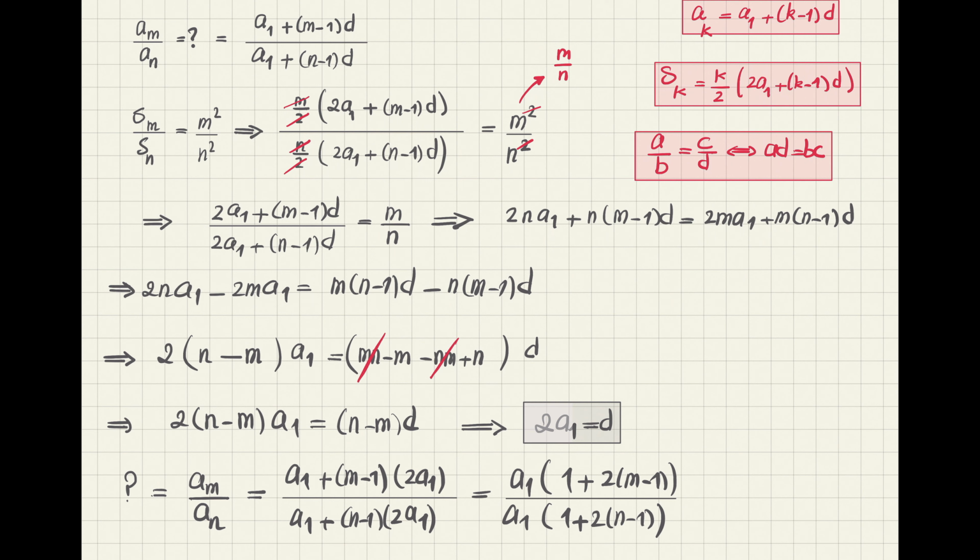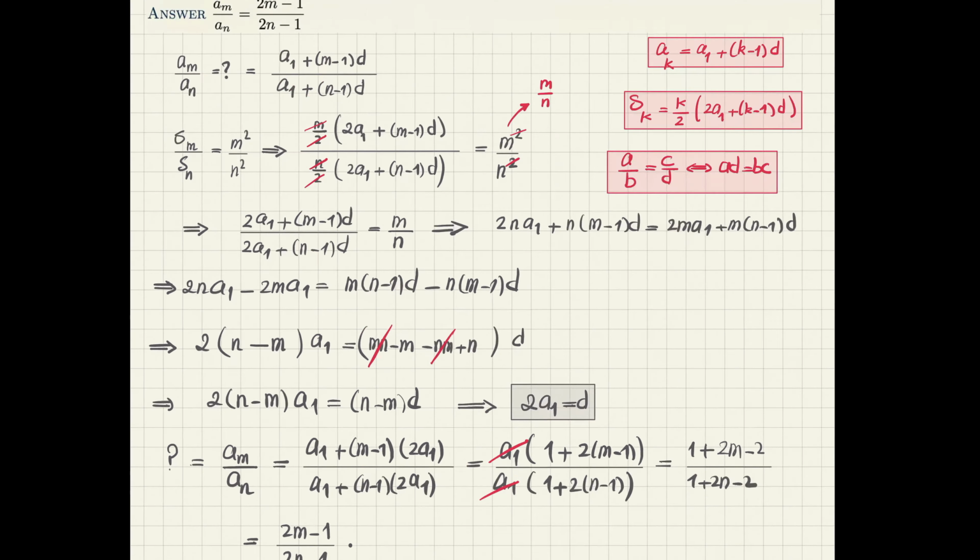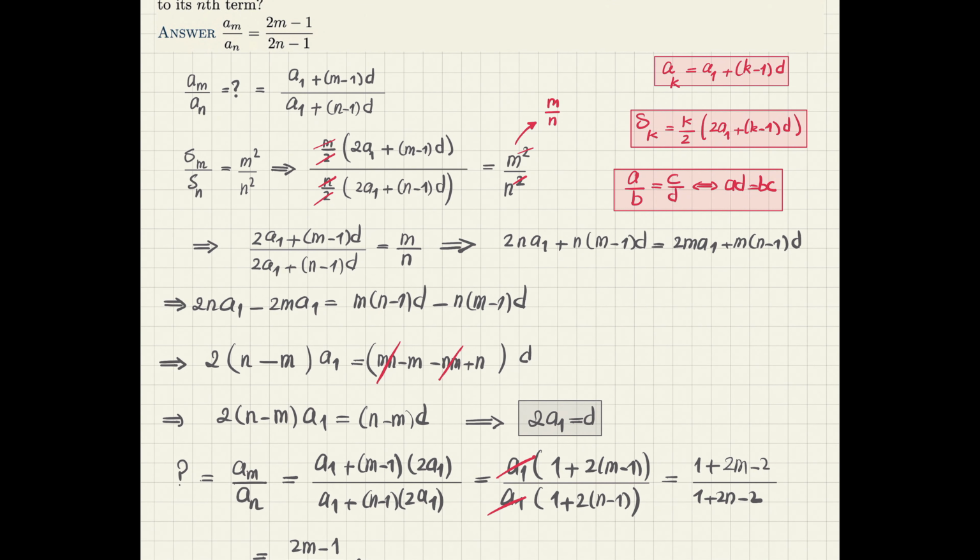But now you simply see that I can easily get rid of this unwanted a1, and then what is left for me in the numerator, if I multiply 2, it becomes 1 plus 2m minus 2, and in the denominator I have 1 plus 2n minus 2, and then 1 minus 2 can be written as minus 1, so it becomes (2m - 1) divided by (2n - 1), and that is exactly what we are supposed to find for this problem.